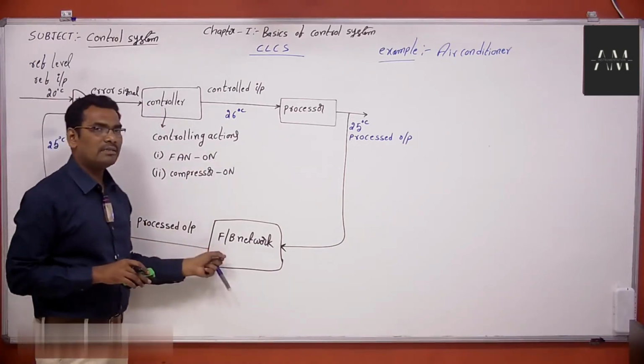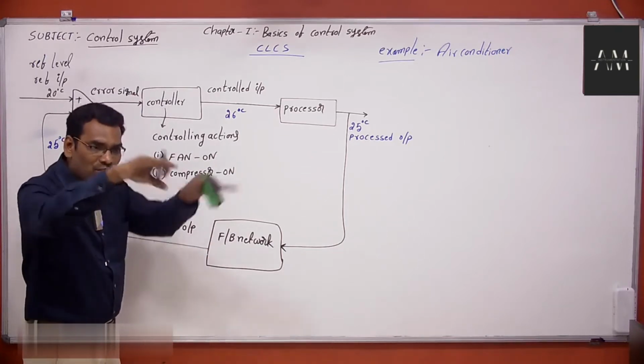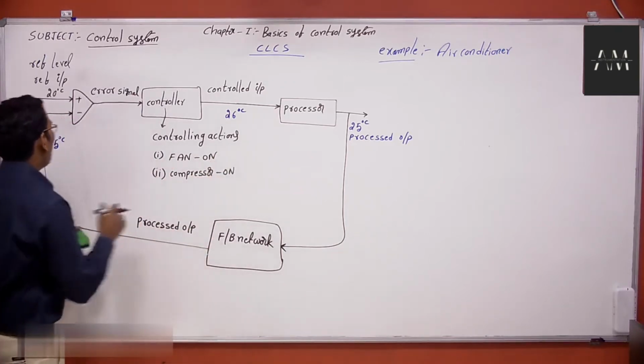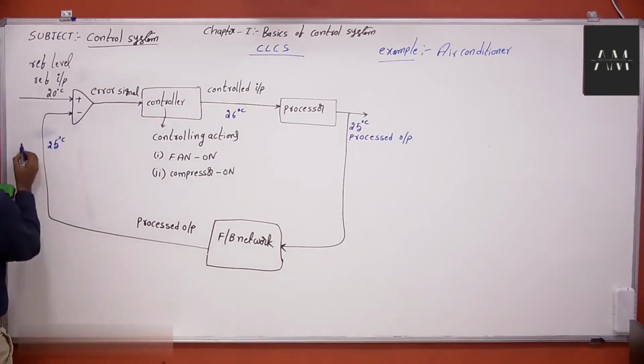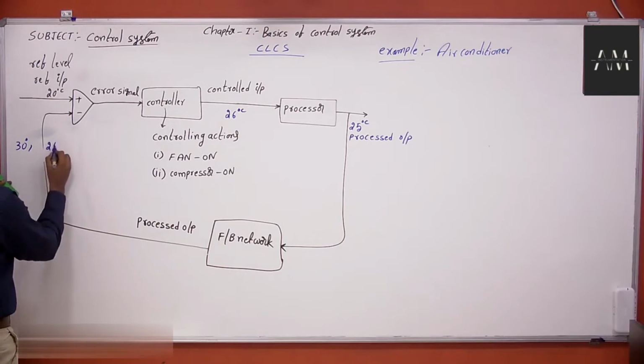That's what I'm saying. This is a feedback network. This sensor is continuously monitoring the actual temperature of the particular room. First it will be 30 degrees centigrade, now next it will be 25 degrees centigrade.